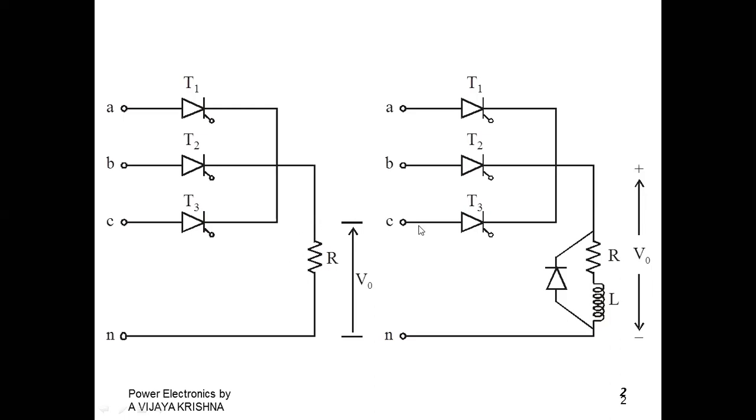On the same slide, we also placed a circuit with an RL load with freewheeling diode. In the last class, we studied and discussed the RL load. Now we are using the RL load with a freewheeling diode.